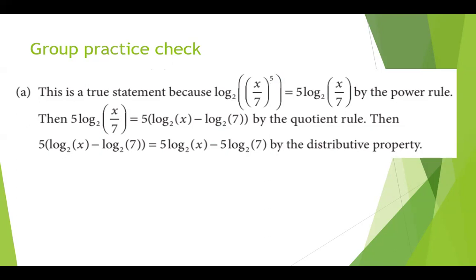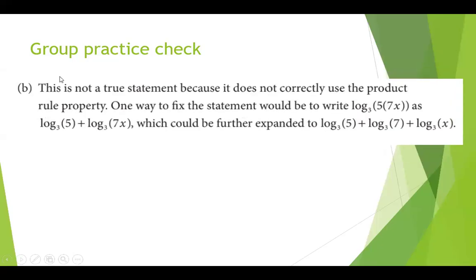So basically, I did 5/7. Okay. All right. B. B was false. Instead of having the product in the middle, it should have had a plus. It had the product symbol instead of the plus sign symbol, which is why it should be false.